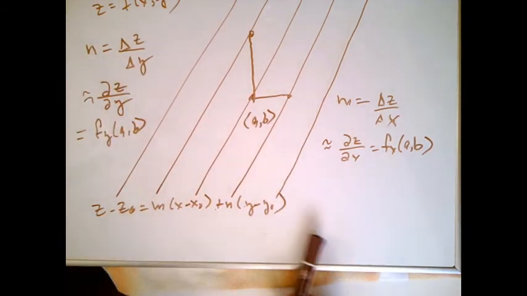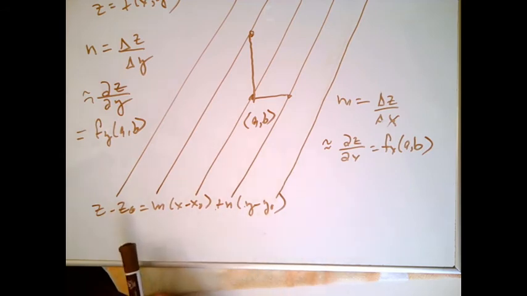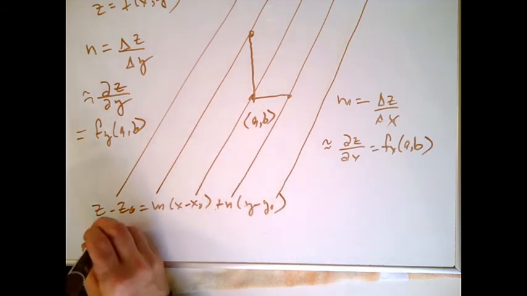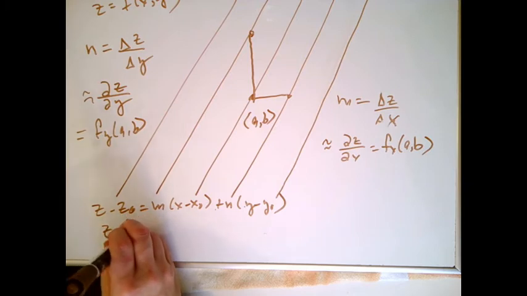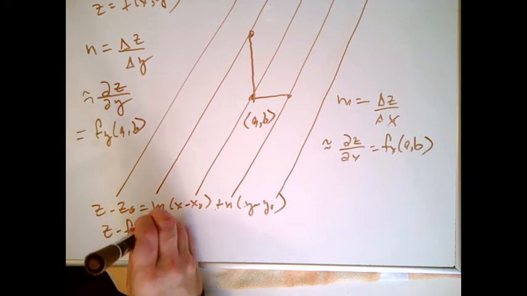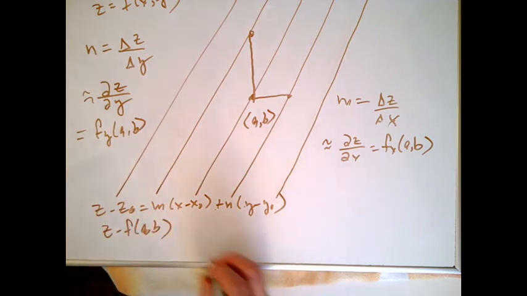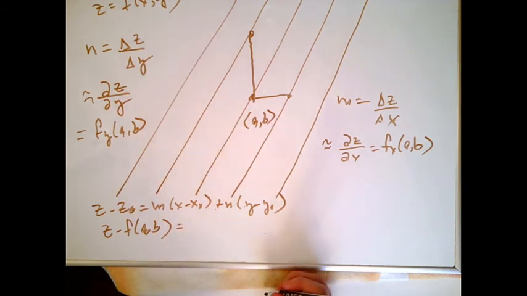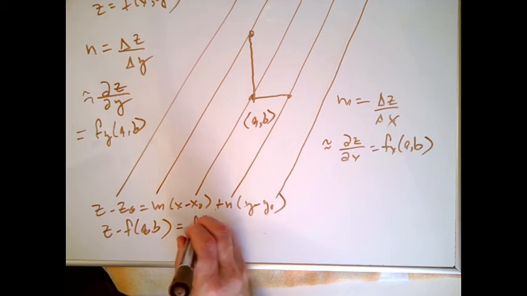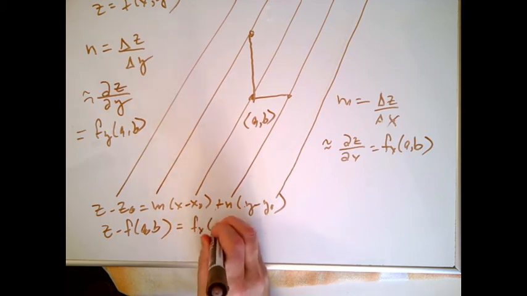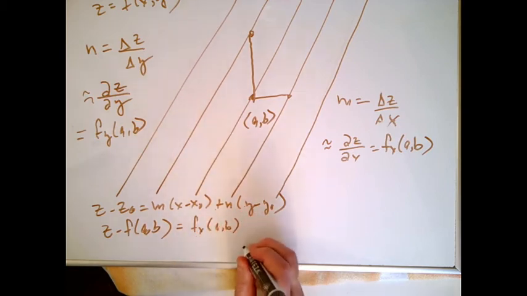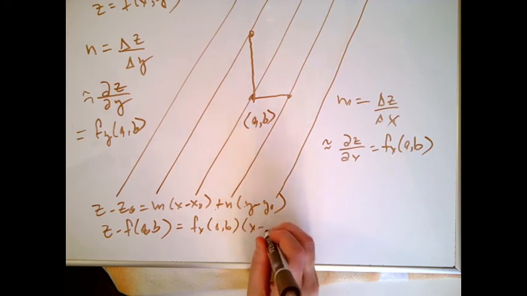And let's just fill in what stuff is. Z naught is what you get when you plug in AB, so we would get z minus f of AB equals. m is the slope that was estimating the partial derivative, so what we're getting here is actually just the value of the partial derivative with respect to x, times x minus a.